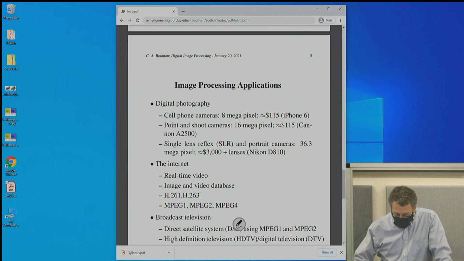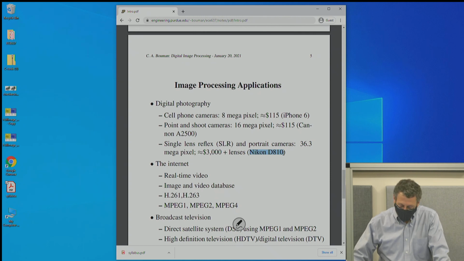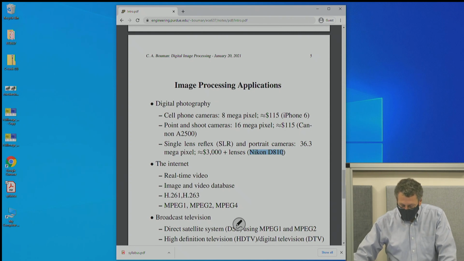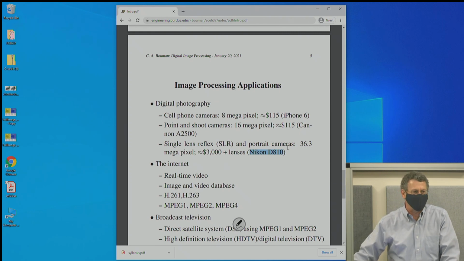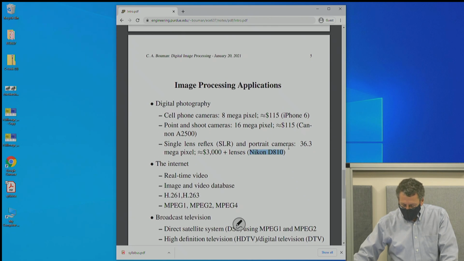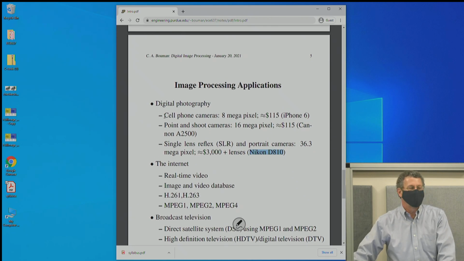A Nikon D810, and actually it was state of the art like 5 years ago. Now it's old, but it's a full frame digital SLR, and I paid about $3,000 for the camera body, or $3,500 for the camera body. But somewhere around here, I don't know where it is. I got to go find it.